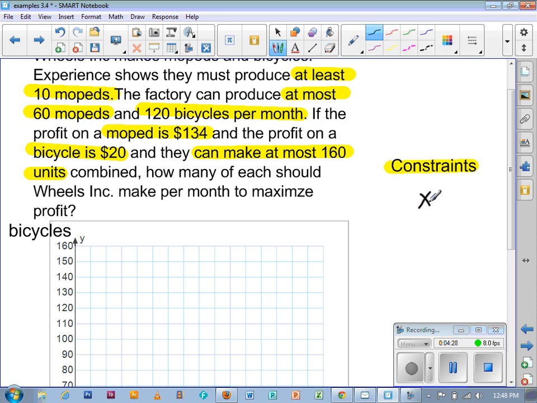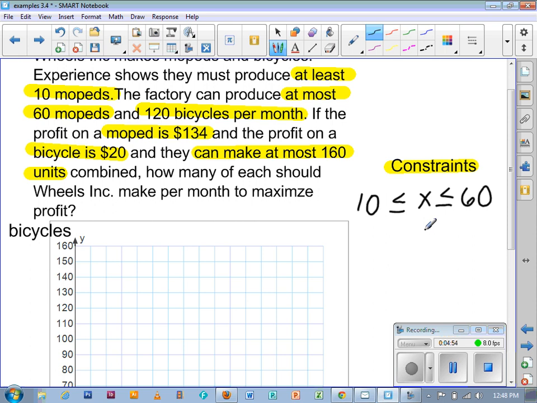And we want that X value to be less than or equal to 60. We're dealing with mopeds here, and the maximum is 60, and at least 10. So this is read as X, number of mopeds, has to be between 10 and 60, or greater than or equal to 10 and less than or equal to 60.